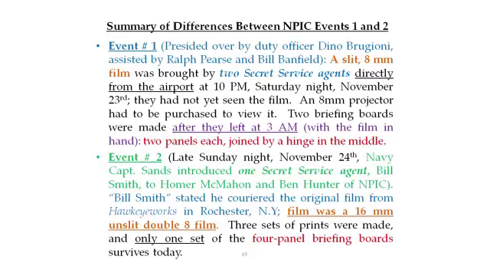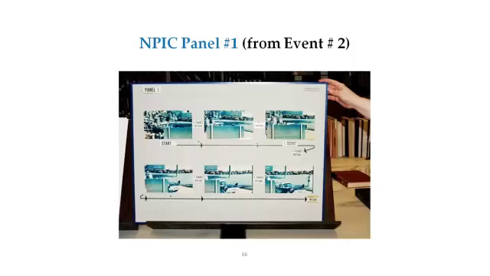Now, Bill Smith stated he couriered the original film from Hawkeye Works in Rochester, New York. The film was a 16 millimeter unslit double-8 film. 3 sets of prints were made of each blow-up frame, and only 1 set of the 4-panel briefing board survives today, but we do have 1 set.